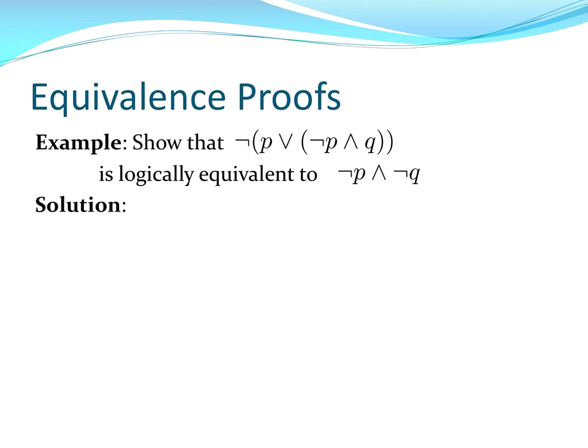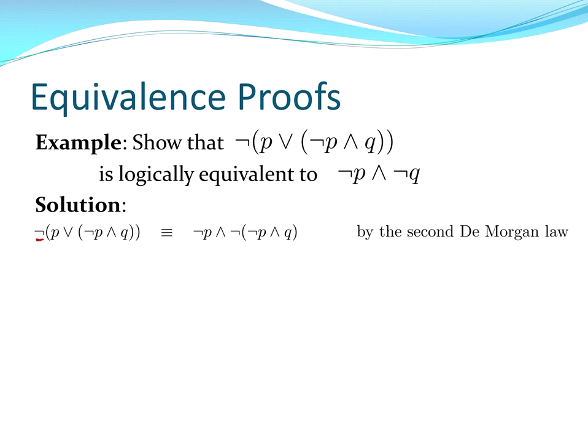Okay, so we'll do the first line of this, and you can see that we have a negation out front of a disjunction. So we're going to use De Morgan's law to replace that compound proposition with a negation of both sides of a conjunction. So the disjunction becomes a conjunction with both arguments negated.